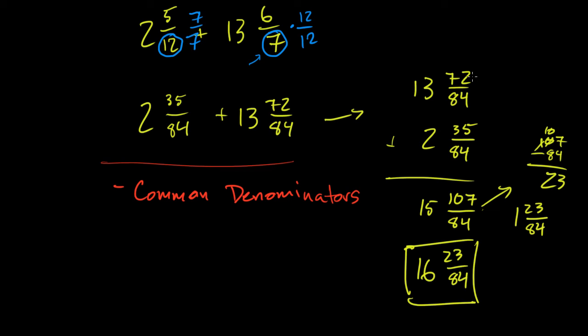And once we've added the fraction parts and the whole number parts, sometimes we have to think about how we're going to carry if we get an improper fraction. And so we do that by converting the improper fraction back into a mixed number with a proper fraction. And then we add on the whole number to the whole number that we had to begin with.